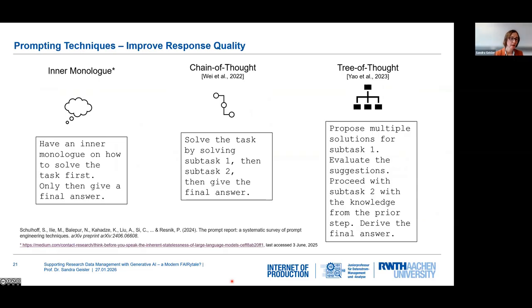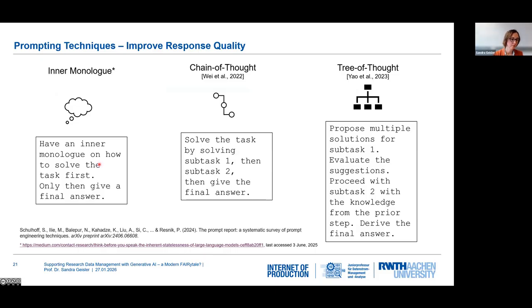Prompting techniques. So we can do prompt engineering. That means how we ask the LLM, or how we feed, or how we ask for certain answers makes a huge difference. So here you see 3 different ways how you can do it.